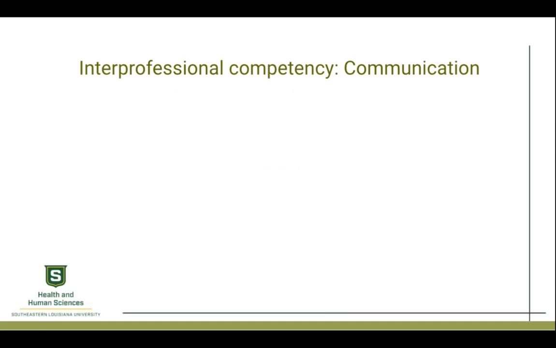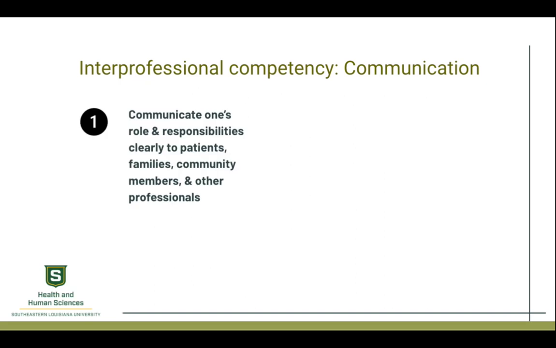So, what are some of the interprofessional competencies that one needs to know as a healthcare provider as a way of communicating effectively? The first is that when you're meeting a patient or any health consumer, you need to communicate what your role and responsibility is clearly to the patients or whoever you are speaking to, and that includes other healthcare professionals.